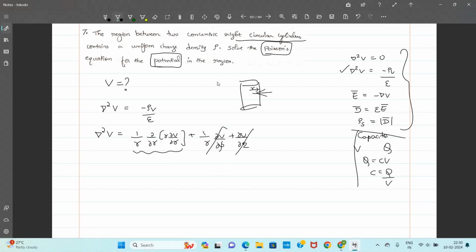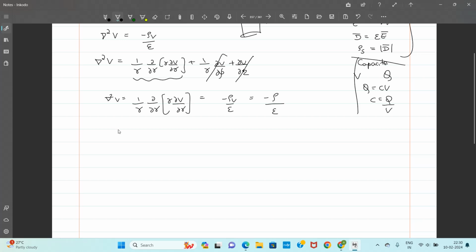So now your del square V is equal to 1 by R, dou by dou R of R dou V by dou R, and that is equal to minus rho V by epsilon. Here they have given that the density is rho, so instead of rho V, the symbol rho is used. Whatever is mentioned in the question, you are supposed to substitute it. So rho V is nothing but rho according to the given question.